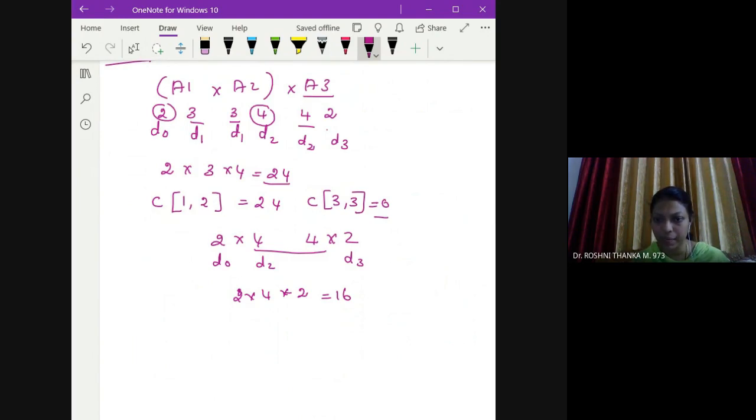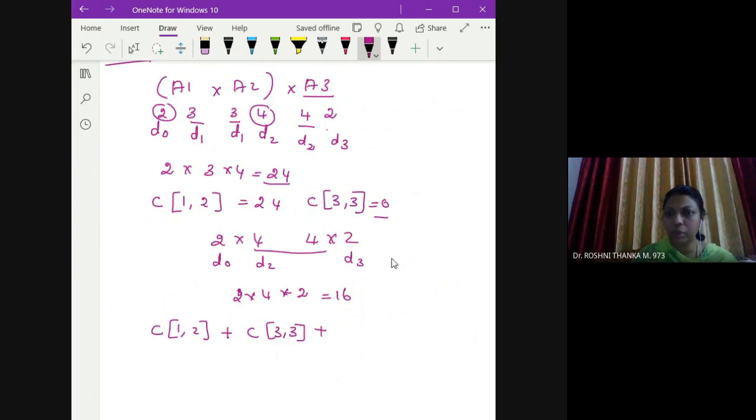First we have the cost of the 1 comma 2 matrix plus the cost of 3 comma 3, then plus what other things did we do here? Finally the resultant of A1 and A2 is multiplied with A3. That is what we did: 2 cross 4 cross 2 equal to 16.